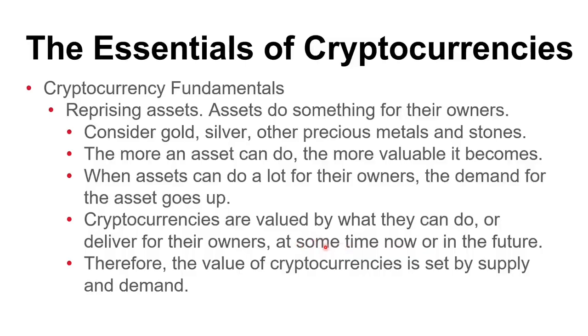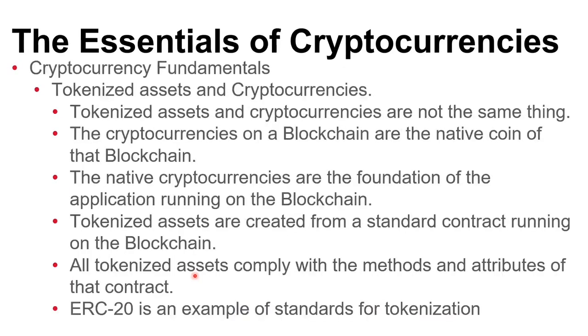Cryptocurrencies are valued by what they can do for us or what they can deliver for us in the future. Therefore, the value of cryptocurrencies is set by supply and demand. So this may be some of the truest aspects of pure supply and demand left in the world. At least in most countries, there's very little to no regulation over cryptocurrencies as far as their value.